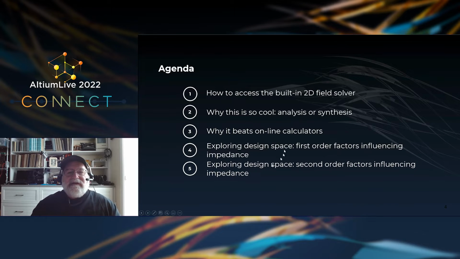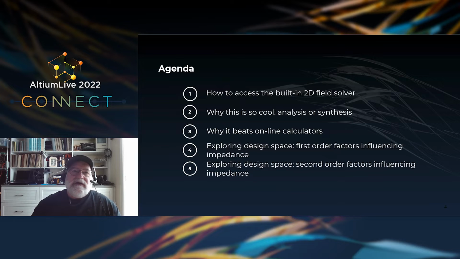And then once we've got an idea of how to use it, we'll use it to explore design space a little bit. We'll look at what I think are the first order factors, the most important geometry and material properties that influence the characteristic impedance, and then using the field solver gives us the opportunity to look at some of the second order factors. And that's really the value of using the field solver.